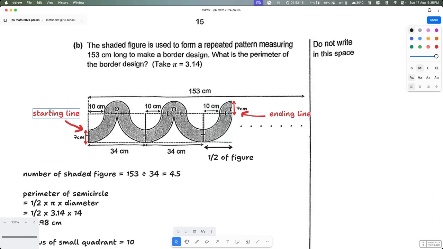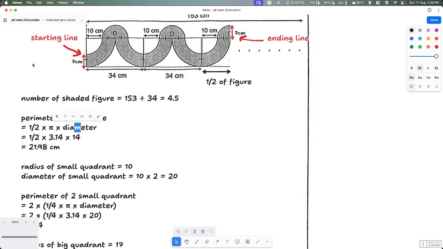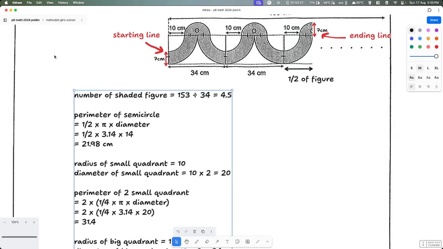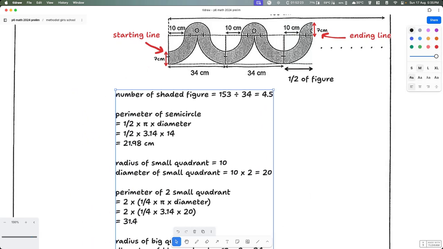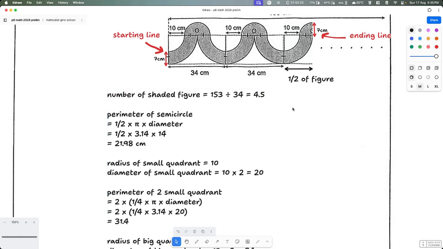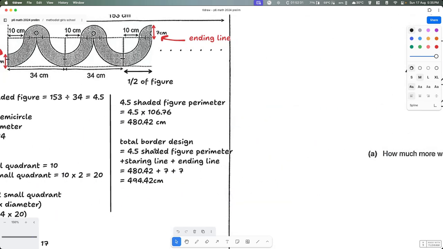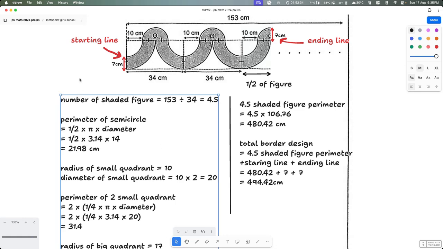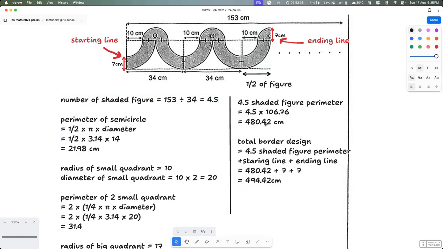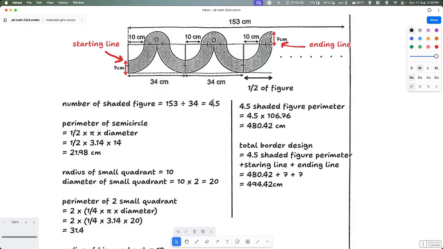Then we also need to have this, right? The starting line and the ending line. So that's something that you might miss out over here. So what we need to do is to add this over here, which is basically the 4.5 shaded figure perimeter that we have calculated earlier.